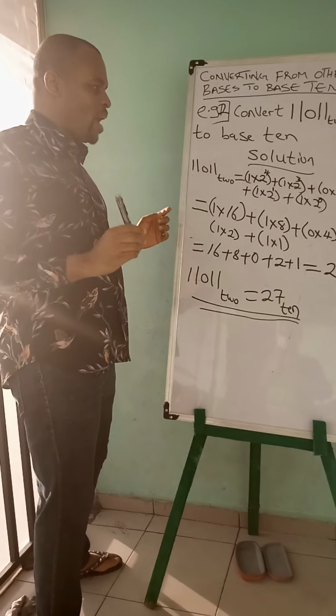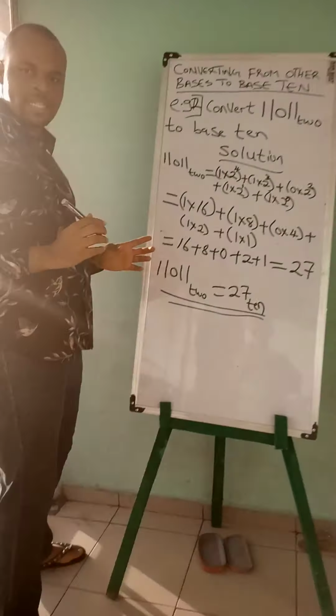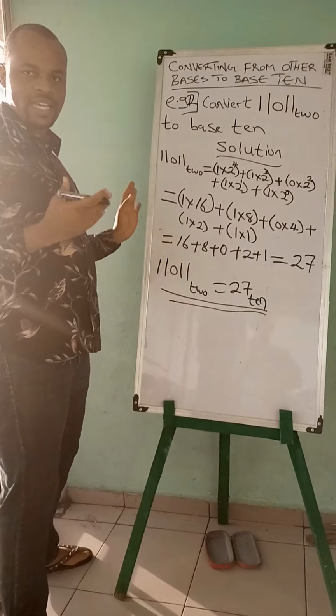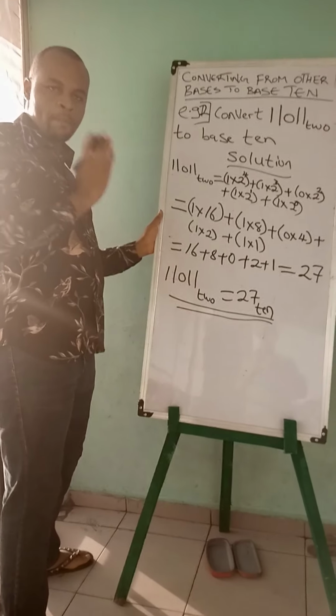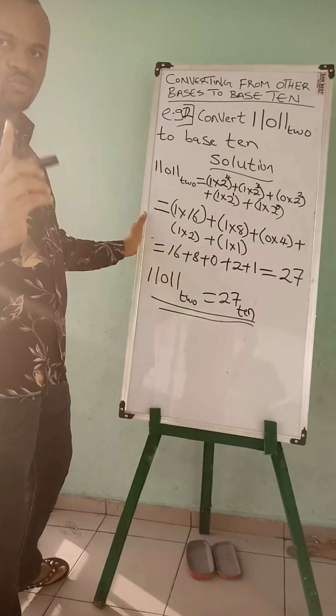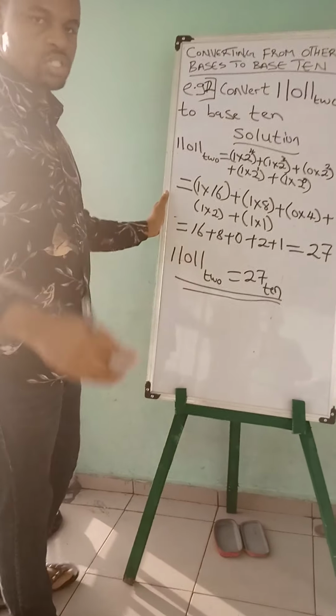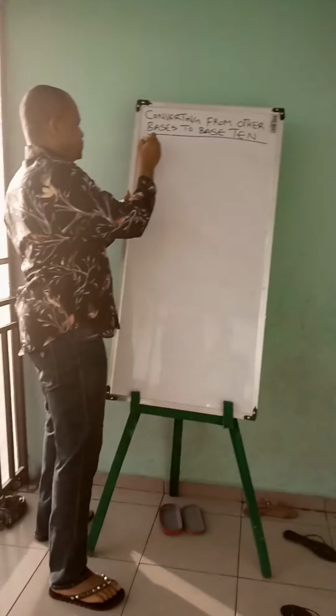We are going to take one last example, before we see how to convert from a number base to another number base which is not base 10. Pause. Example 3.